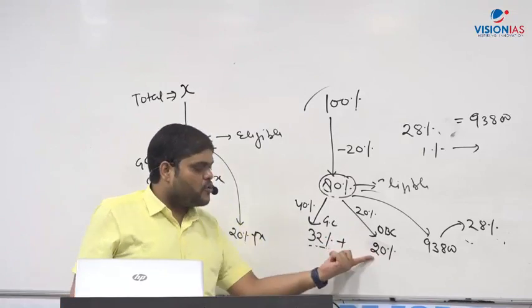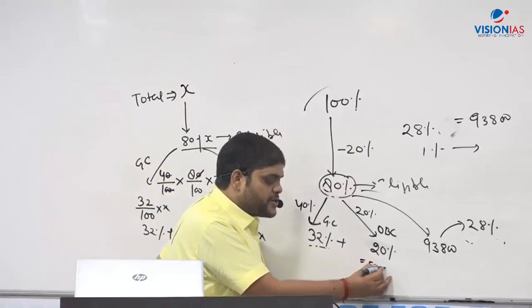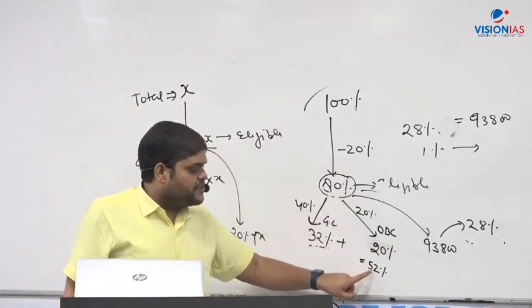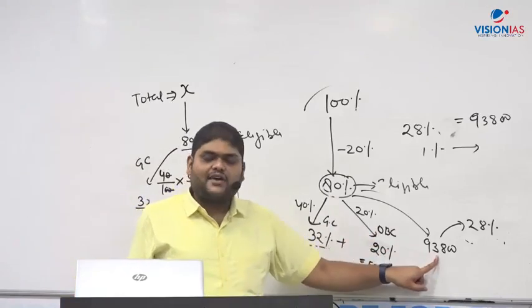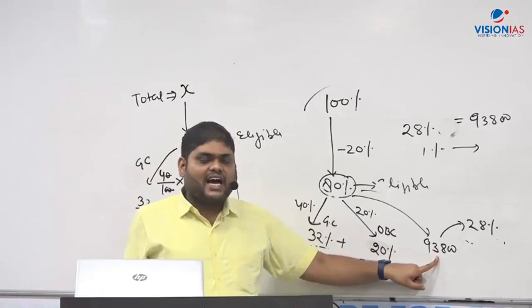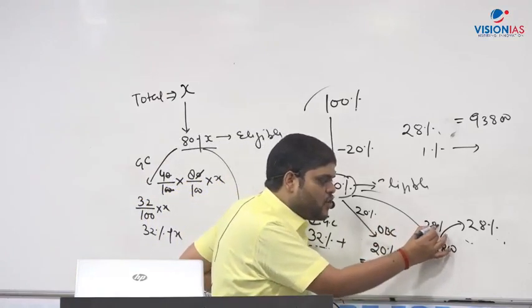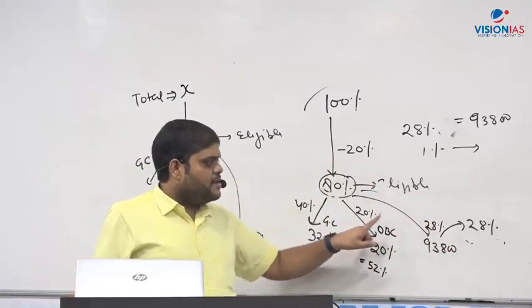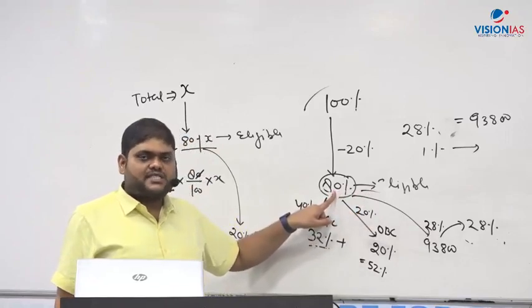If you add both values, this becomes 52%. So out of 80%, if 52% is from general and OBC, how much is left? 28% is left. Simple mathematics. 32 plus 20 plus 28 becomes 80%. The total becomes 80%.